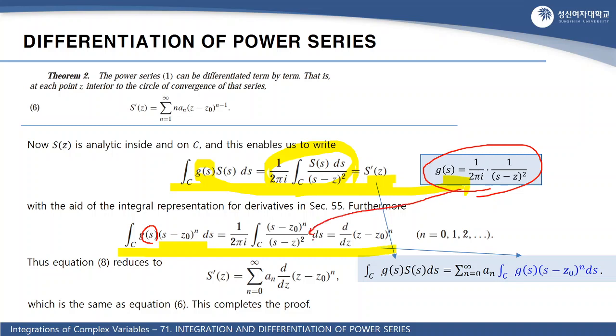So replace it. Then we get this. Then we have this, d over dz of (z minus z naught) to the n.